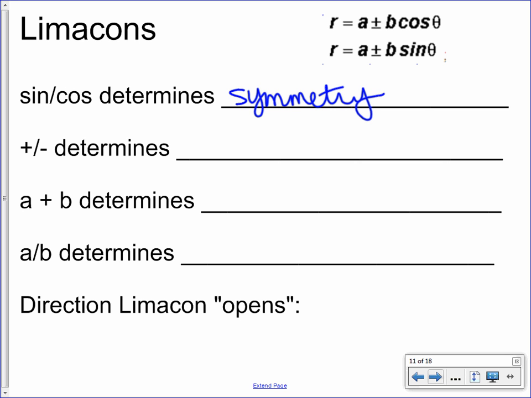Plus or minus determines whether it's on the right side or the left side, top, where the majority is. It's not a shift. It's where it stretches more to. A plus B determines the max r value.